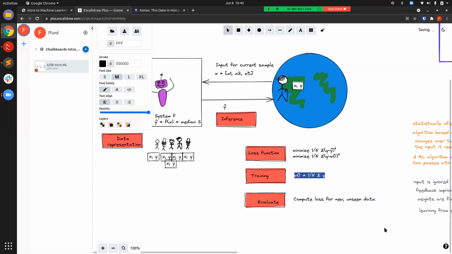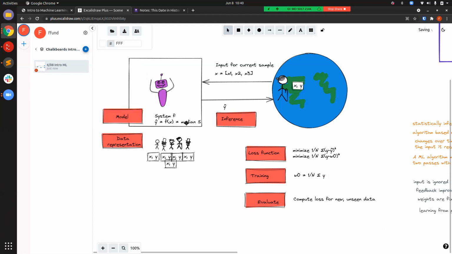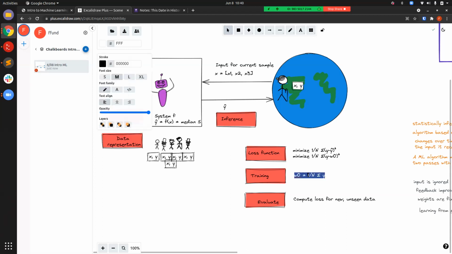What does training look like if we're finding the median grade of the past 3 students who are most similar to us? How do I train that? In that case, there are no parameters in that model, so training is actually just storing the data.